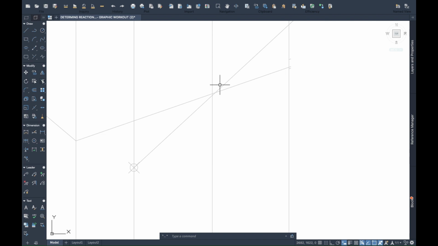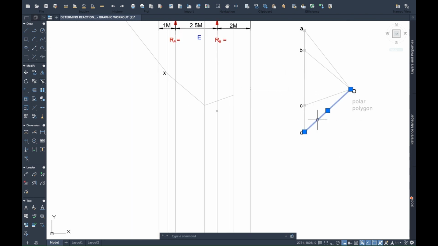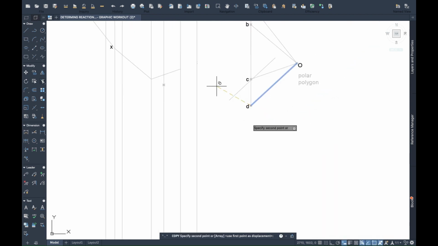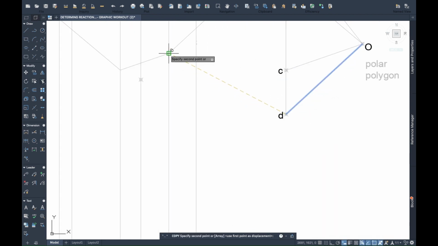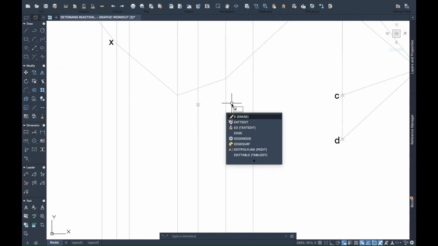So we see that this one missed. Get rid of that, and we get our DO. Get our DO right there. All right. So as we say, we extend.